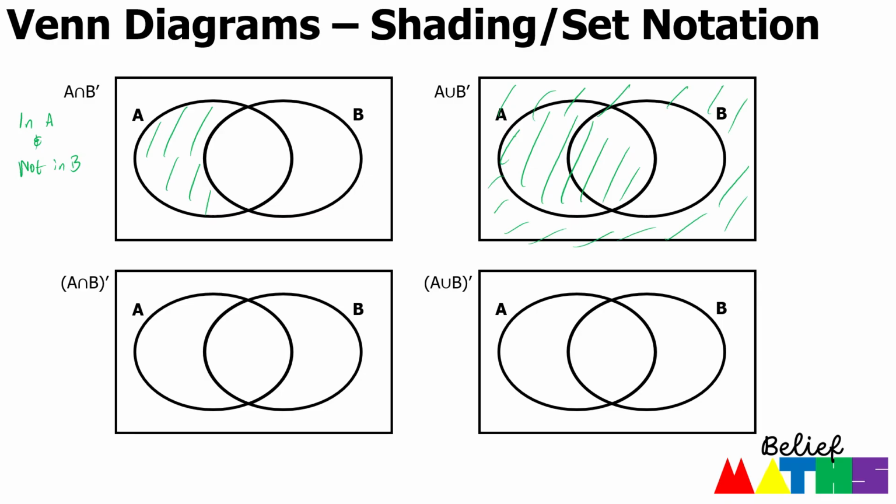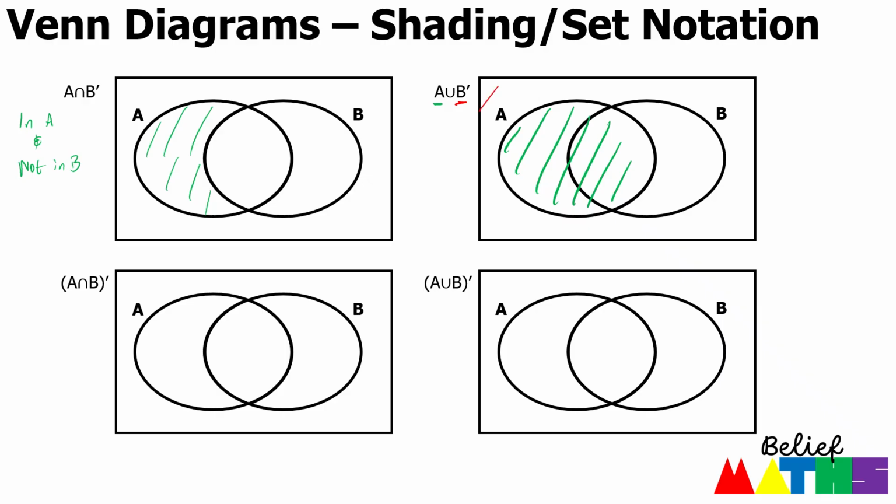Now that can often cause confusion, so what I like to do is describe it like this. If I clear all this off and just redo this one, I'm going to do A in green. So that's A. And then I'm going to do not B in red.